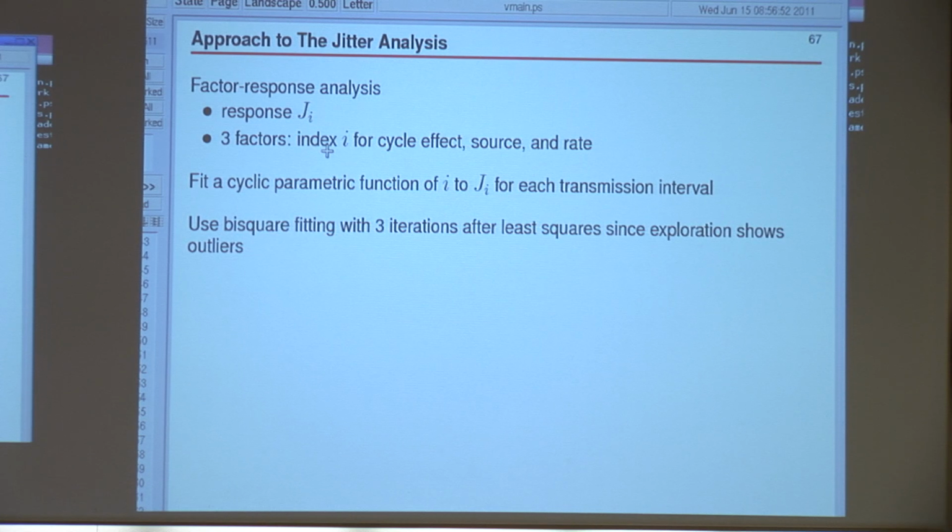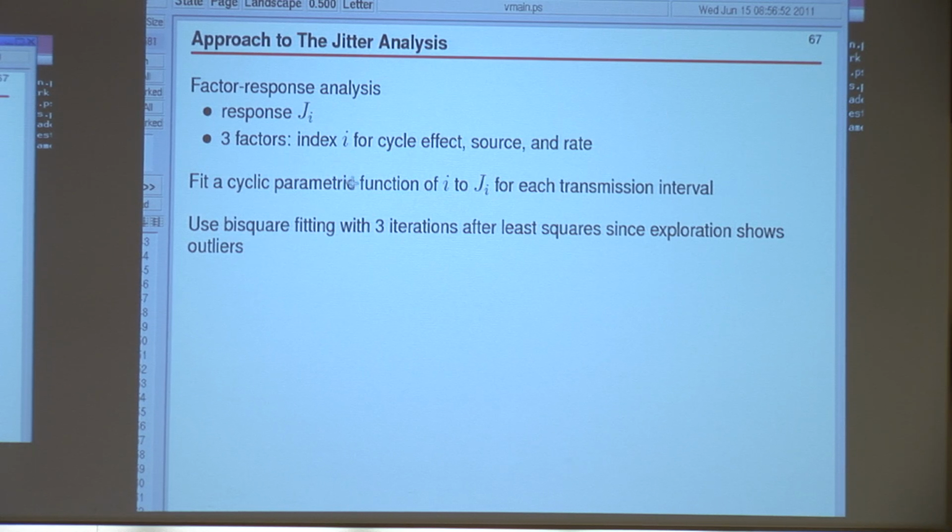That index becomes, in a sense, a variable itself on which the values of jitter depend. It's a within subset variable, really. It's not a between subset variable. The source gateway and traffic rate are between subset variables, but this one is a factor in explaining what's going on, and it's a within subset variable.